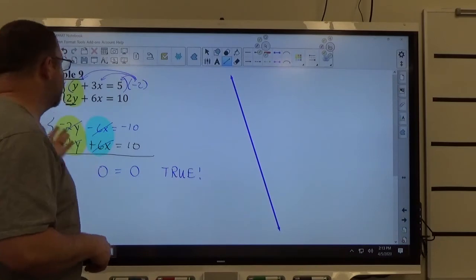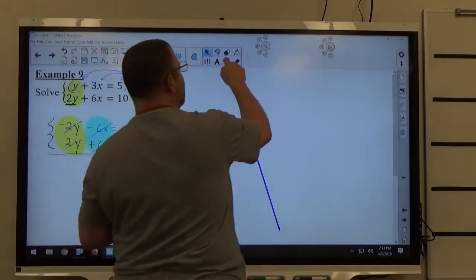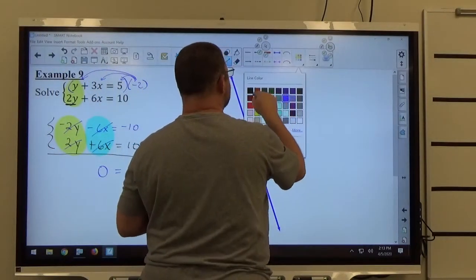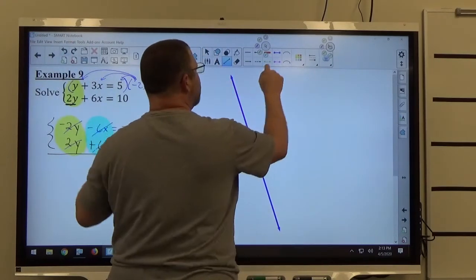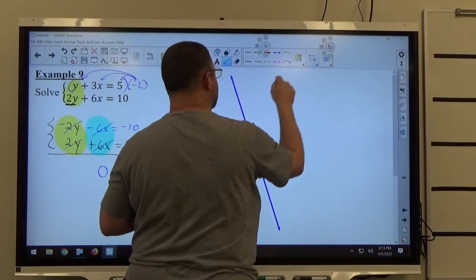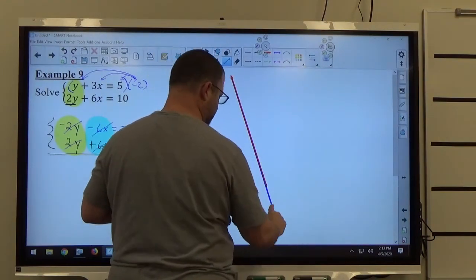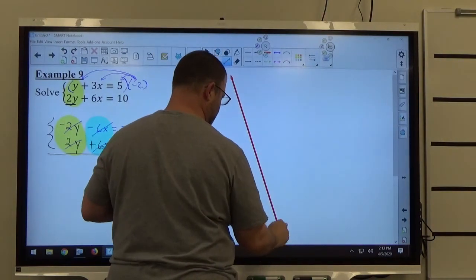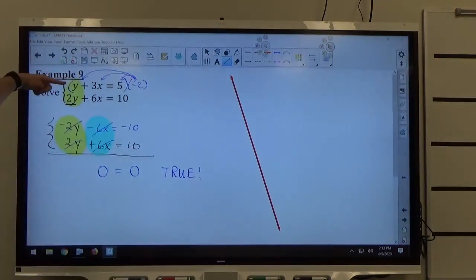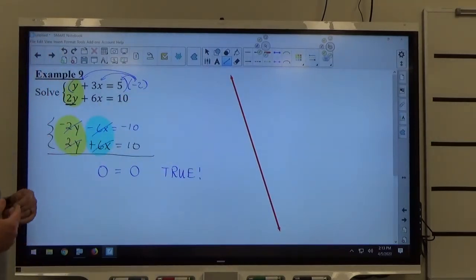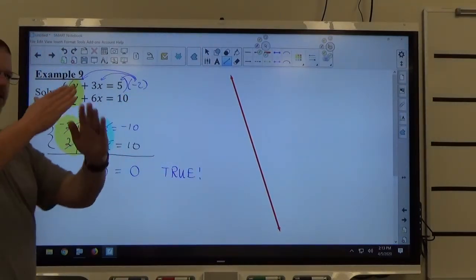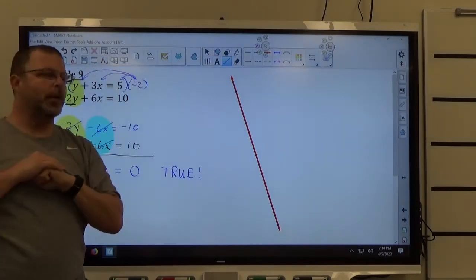All right, this other equation is going to be the exact same equation, which means you're going to get the exact same line. Any ordered pair making the top equation true makes the bottom equation true also, which means any point on either line is an answer to this problem, which is more than just one ordered pair. Usually you have two lines crossing like this. There's one point where they cross.